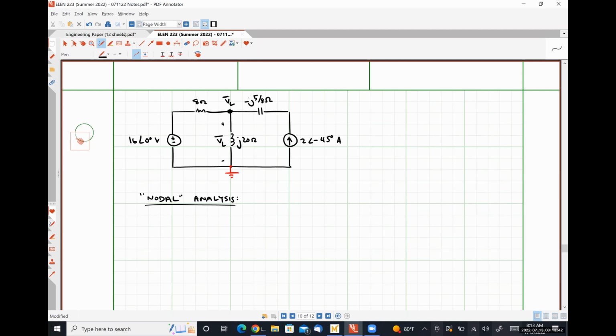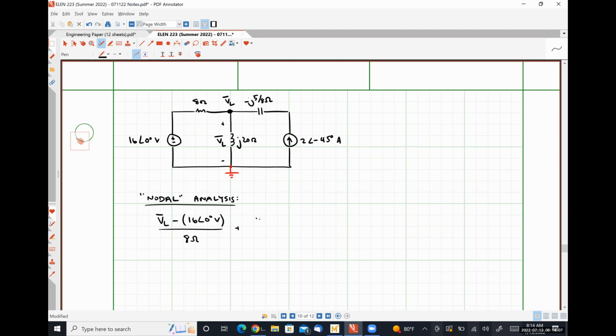All right. So applying Kirchhoff's current law at that node, I'm going to have VL minus 16 angle 0 degrees volts divided by 8 ohms. So that's the current flowing to the left.